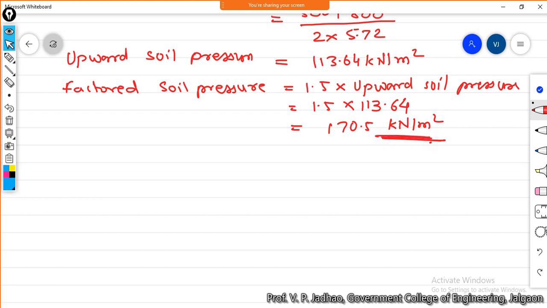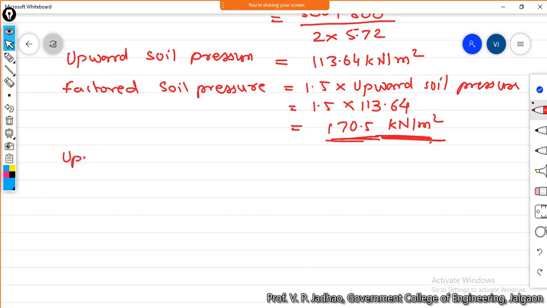But this pressure is in kilonewton per meter square. For calculating the bending moment and shear force, we need this load in terms of kilonewton per meter. Therefore we get this value by multiplying 170.5 by the width of our footing, giving the load per meter acting along the length of our footing in the longitudinal direction.